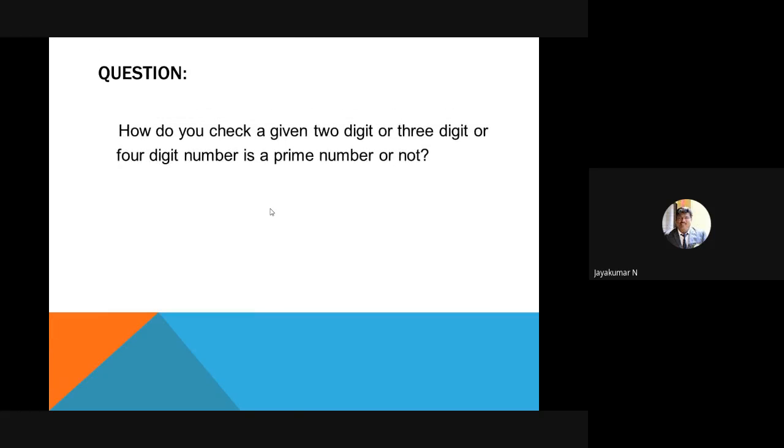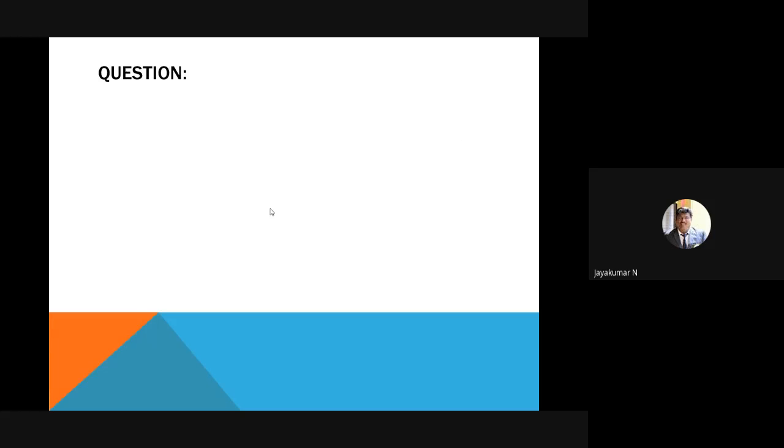Okay, next question. This is an important one. We defined the definition of a prime number. Then we saw some examples. Then we checked whether there are infinitely many primes or finite primes. The answer is infinitely many primes. The next question: suppose given a number, how do you check whether it is a prime number or not? Is any technique possible? That is my next question.